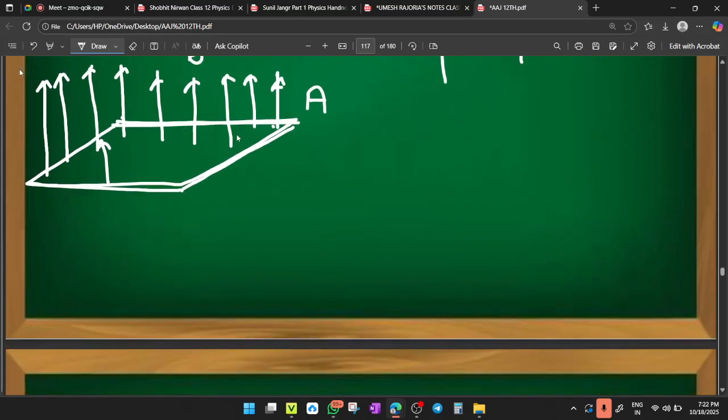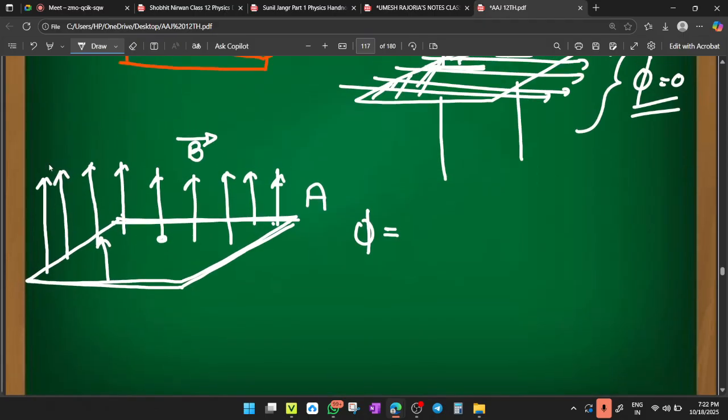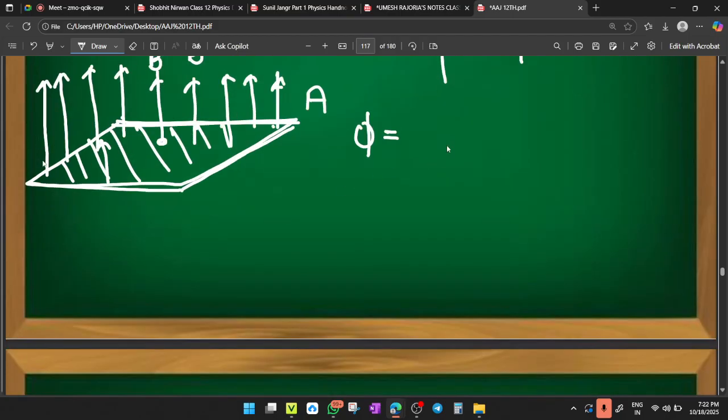B vector. So the amount of flux phi is equal to what? See here, if this area is considered as 1 meter square, from one point the magnetic field is passing, B vector. So from the whole area, the amount of flux can be given as B into A. Yes or no?